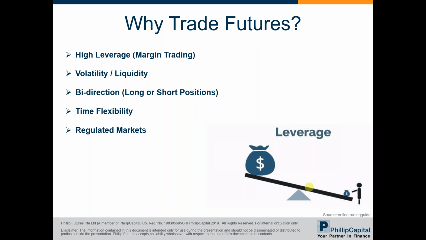And then lastly, futures markets are regulated. Regulated market means that the market receives a certain level of oversight or control from either government bodies or industrial bodies. This provides more transparency, as everyone from any part of the world will be receiving the same prices and spread that you're actually trading on.